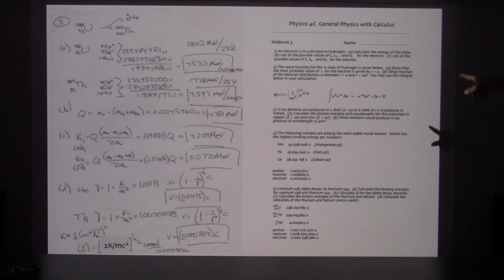We did some probability calculations. We took a derivative of the probability function to find out where the peak was. We did the X-ray calculations too, and looked at quantum numbers. So it's a pretty good set of topics that you want to be clear on.